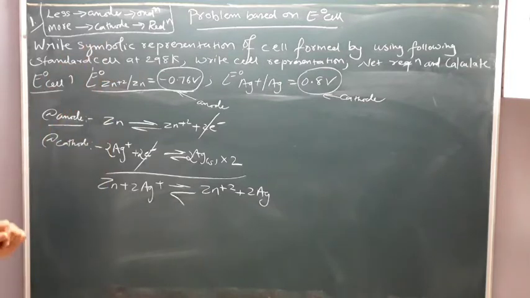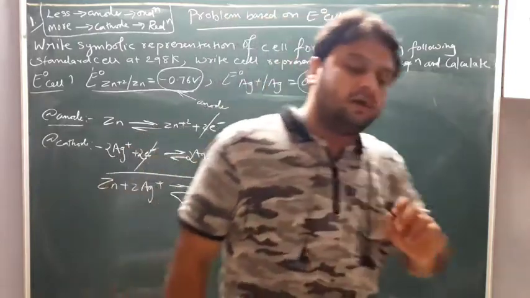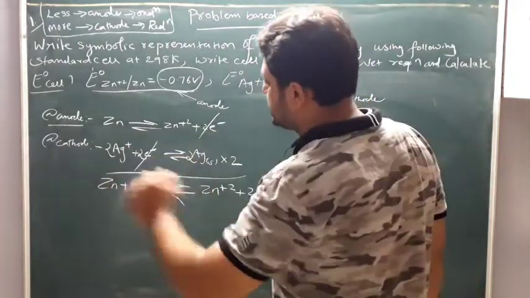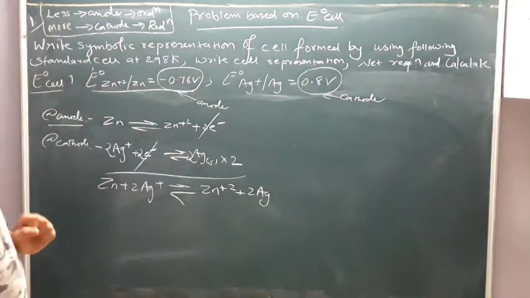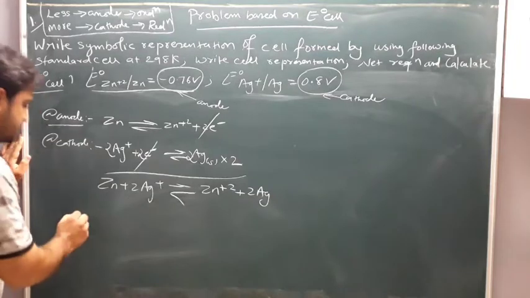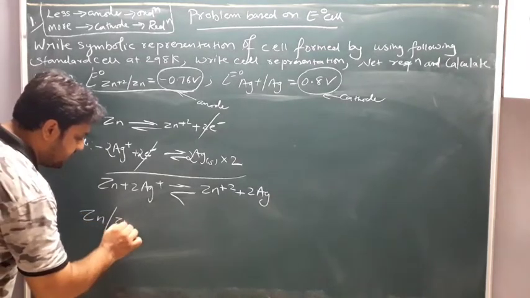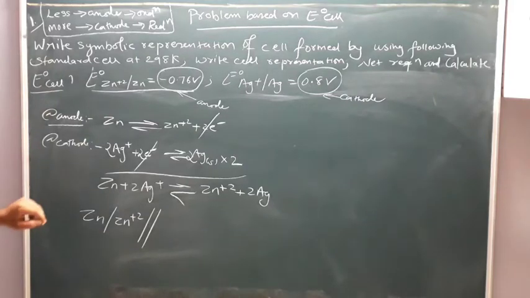Now I will write the cell representation. For cell representation, I told you the anodic part should come on the LHS and the cathodic part on the RHS, and both sides should be separated by a salt bridge. Who is at the anode? Zinc. So Zn will be converted into Zn2+. These two lines are the salt bridge. At the cathode what do we have? Silver.